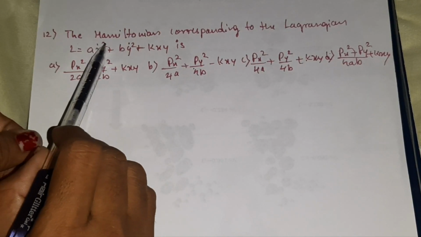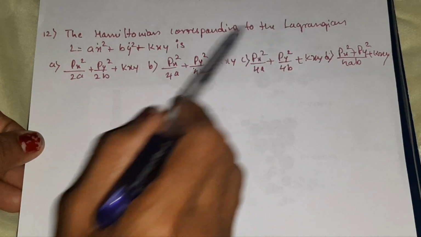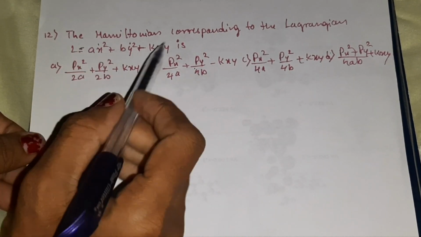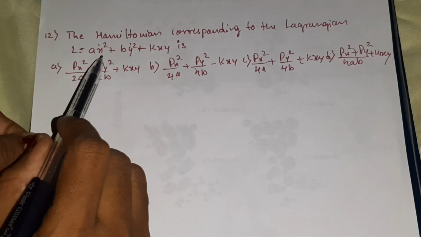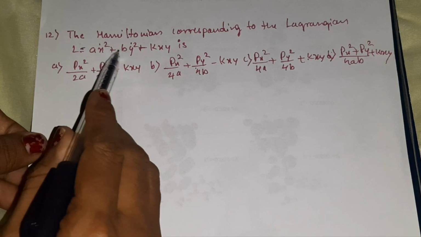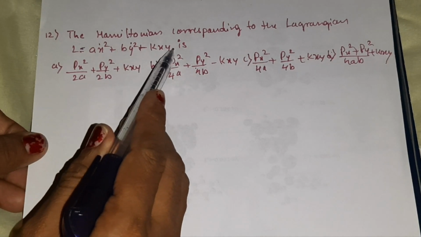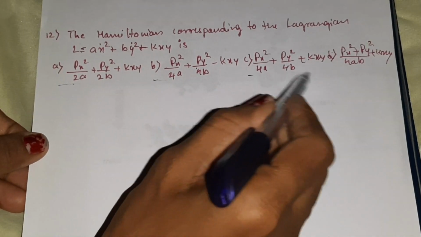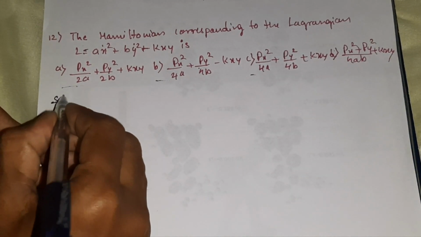So the next question: the Hamiltonian corresponding to the Lagrangian. They have given the Lagrangian, and you should find out the Hamiltonian for the given equation, a x dot square plus b y dot square plus kx minus kxy. Let us look at the options they have given and try to solve this.